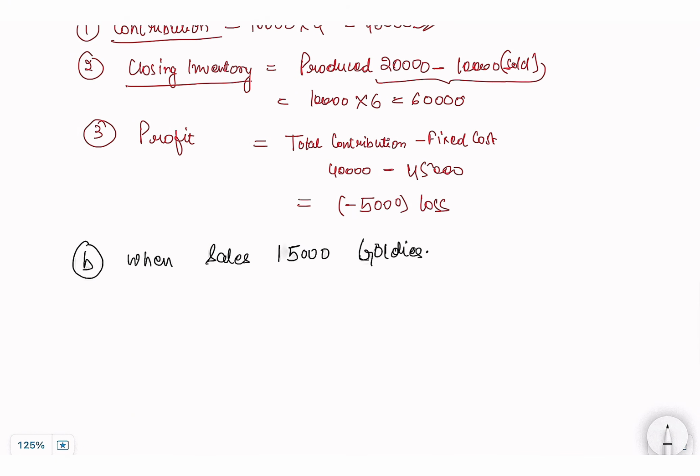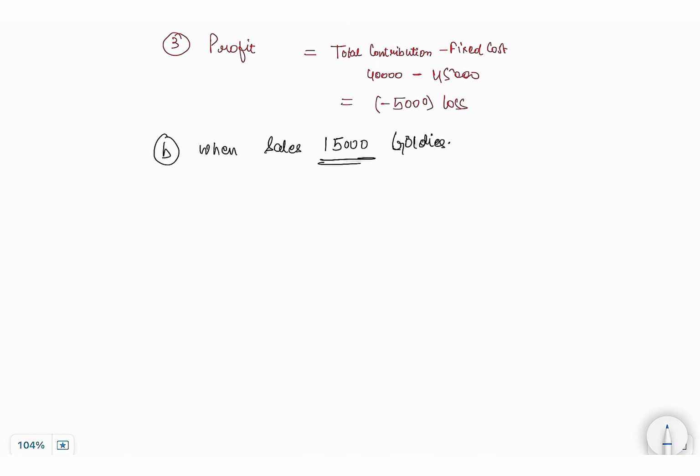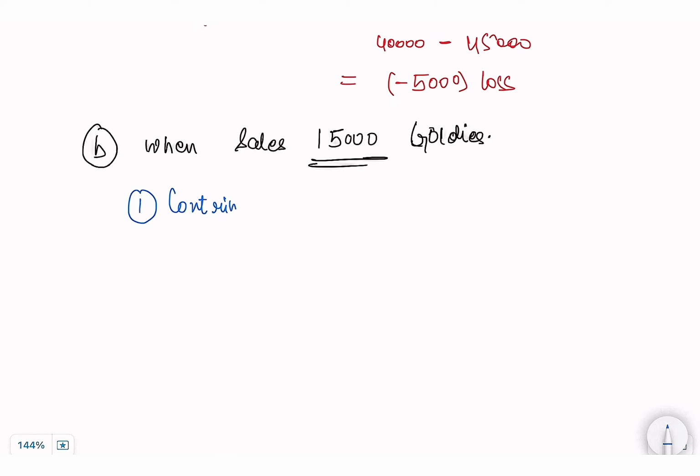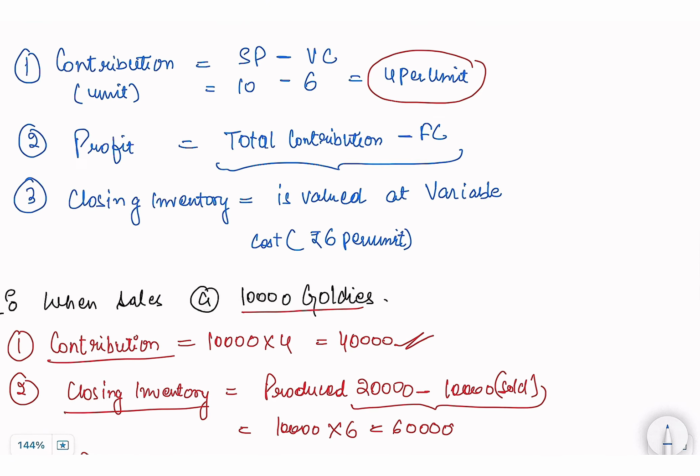So for 15,000 goldies, what we have to do is, see, first is contribution. Again 15,000 times, we have already found it out, 4 per unit, is equal to 60,000. Okay, from where do we get the 4 per unit? From here.